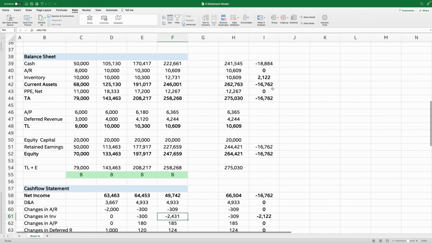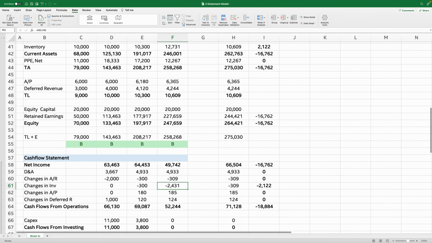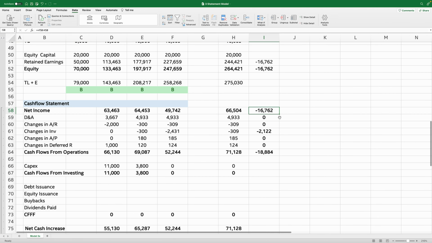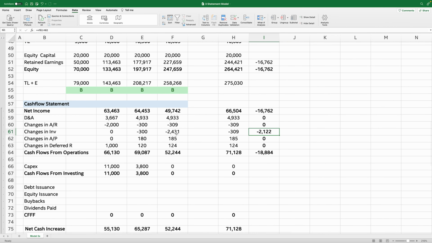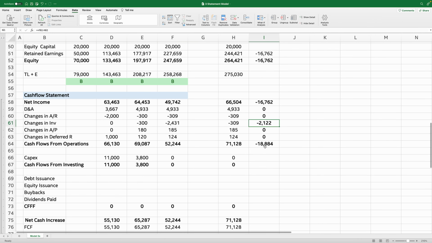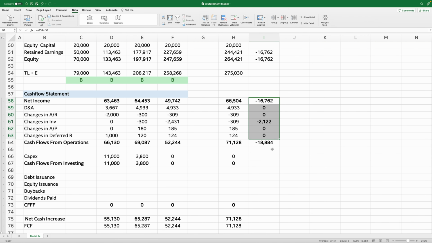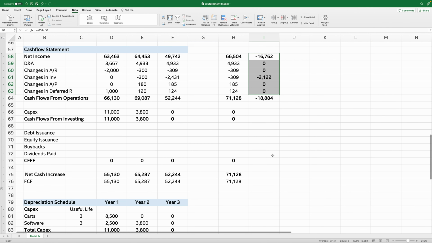So this is how all these statements tie out because of these linkages. So you see the 16,762 that went down in net income. It had a change to inventory, and so the sum of those was the $18,884.